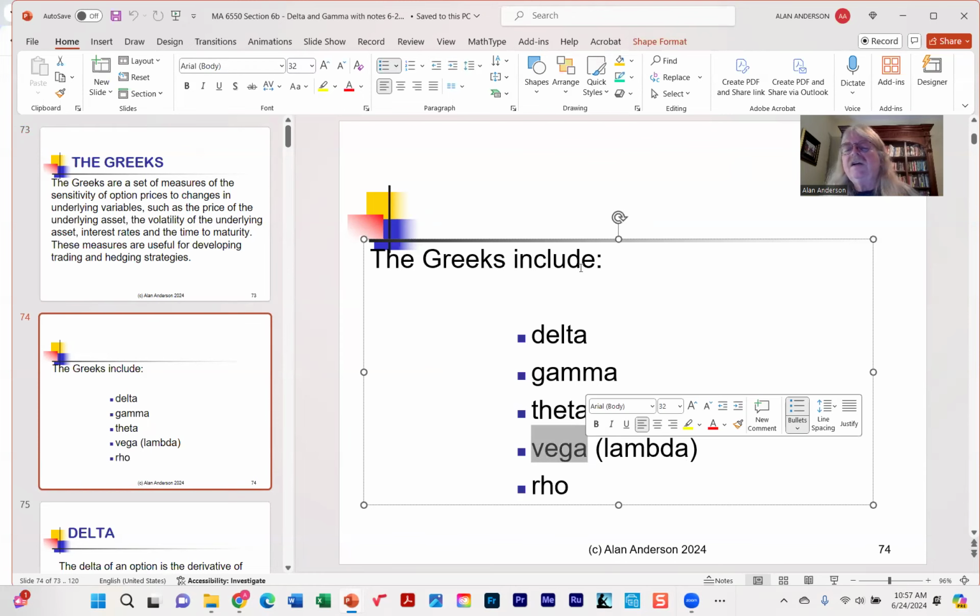Now, I don't know who gave them their names, but Vega is not a Greek letter. It's actually a star in the constellation Lyra. So that makes it awkward to write it as a symbol. So sometimes we see the Greek letter lambda used in its place, but Vega is not a Greek letter. It sounds like it should be one, but it isn't.